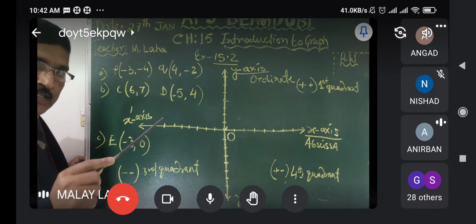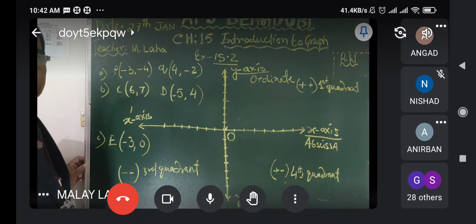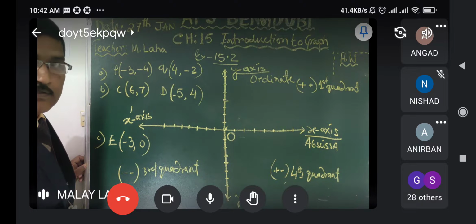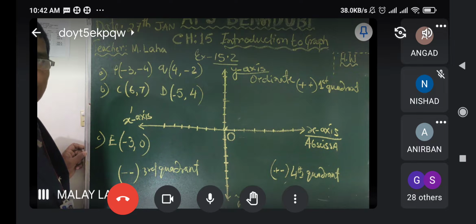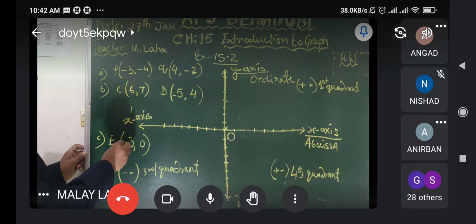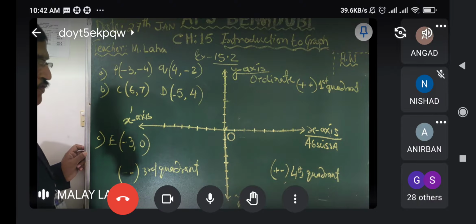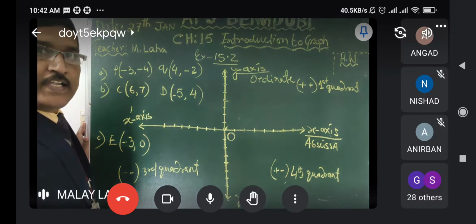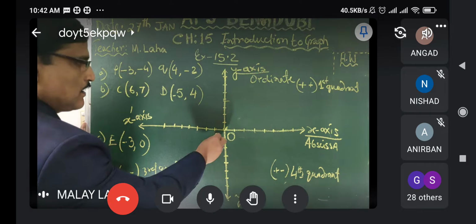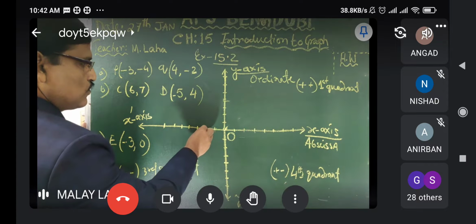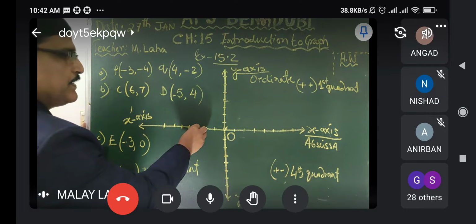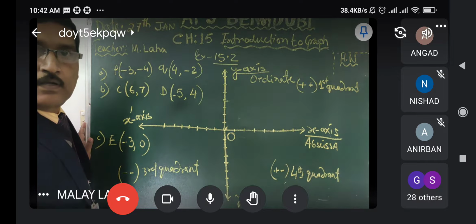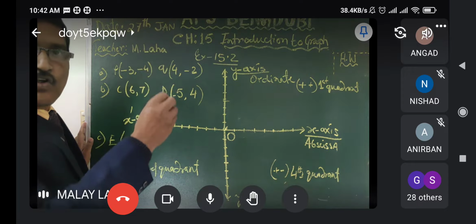Already, that's why I have started this exercise first. Okay? So now listen, all of you. I'm answering for all of you. So -3 and 0 will be located on the axis only. In which axis? -3 means 1, 2, 3, and 0 means y is not moving, neither up nor down.